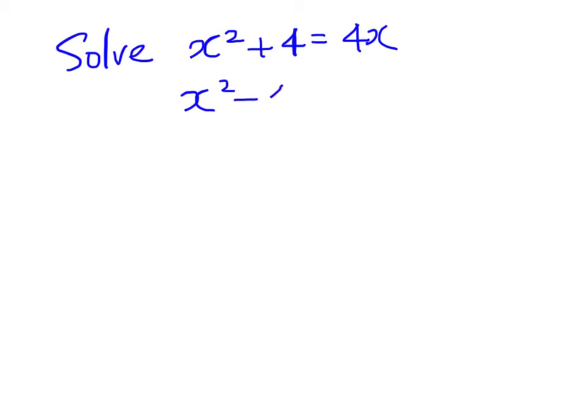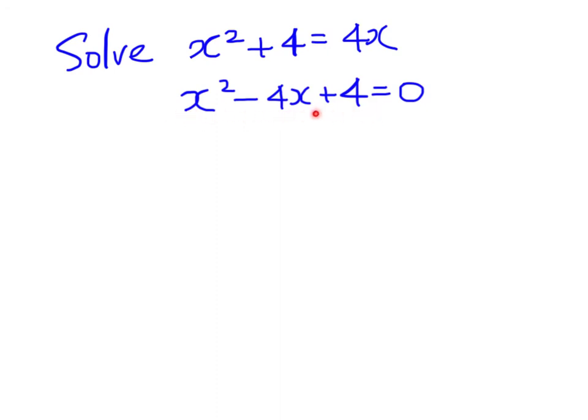We have x squared minus 4x plus 4 equals 0. And this 0 is very important. One of the objectives in solving a quadratic equation is to make one side of the equation become 0. And now we can start to factorize the left hand side.